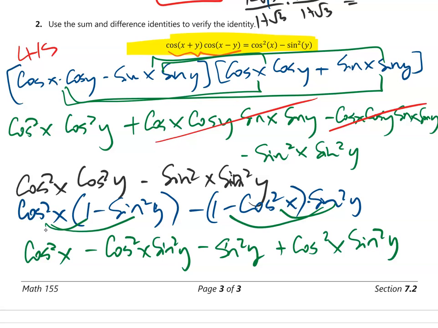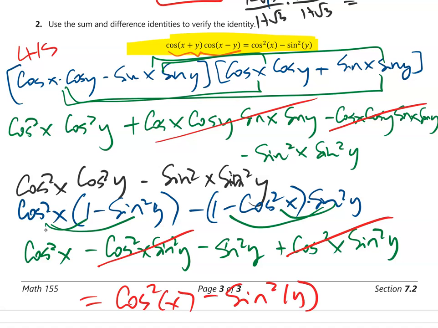So negative cosine squared x sine squared y plus cosine squared x sine squared y is 0. So now what do we have here? It is equal to cosine squared of x minus sine squared of y. And look at that. That is exactly the same thing as the right hand side.